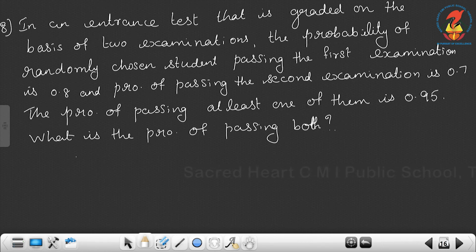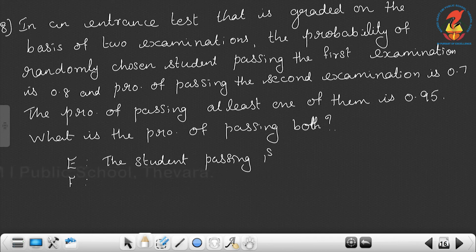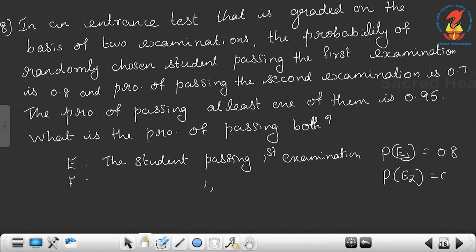So we have to define the events. Let E and F. E means the student passing the first examination. F means passing the second examination. So P of E is given 0.8, P of F is equal to 0.7. Then what is this?